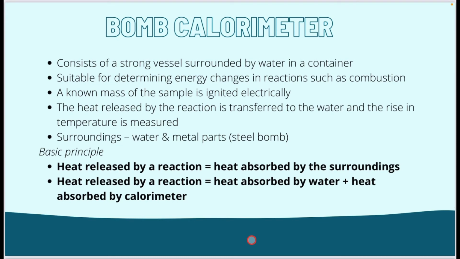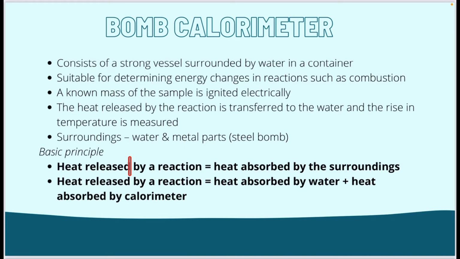A bomb calorimeter consists of a strong vessel surrounded by water in a container, suitable for determining energy change in reactions such as combustion. A known mass of the sample is ignited electrically. The heat released by the reaction is transferred to the water and the rise in temperature is measured.